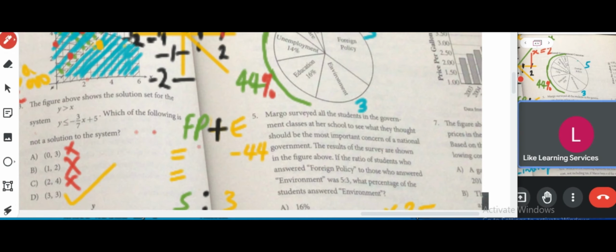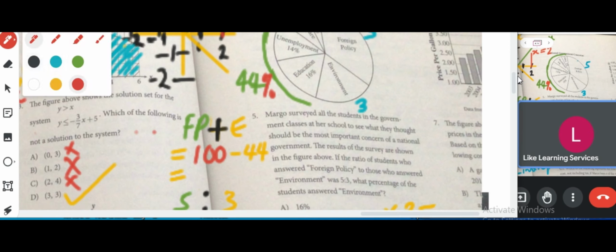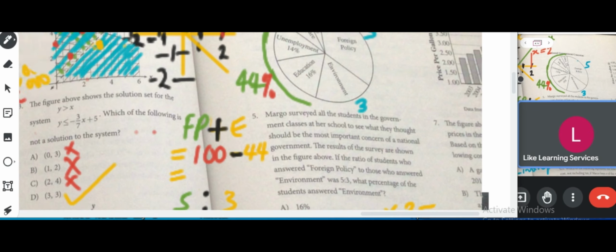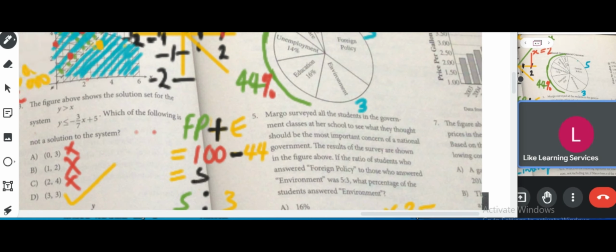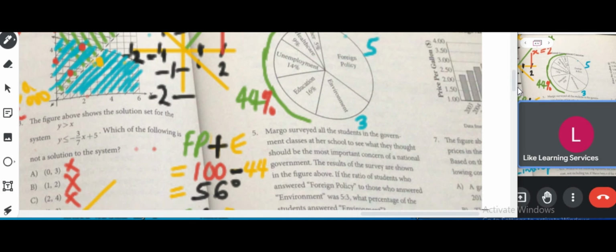I think what you did was 100, the total percentage, minus 44, isn't it? Yes. Please take note of stuff like that. That's 56%, and the 56% is to be shared in the ratio of 5:3, 5 for foreign policy, 3 for environment.